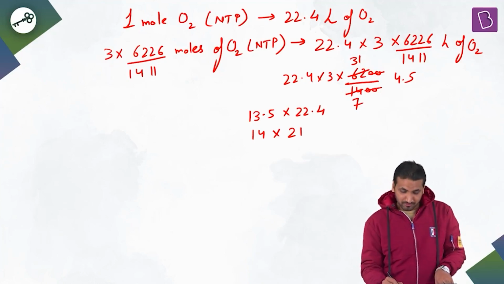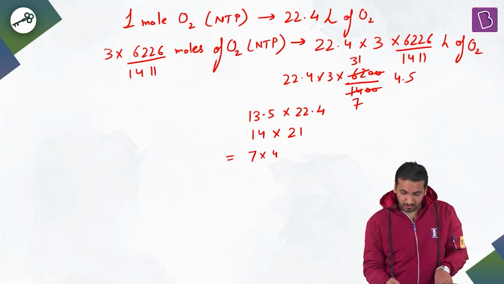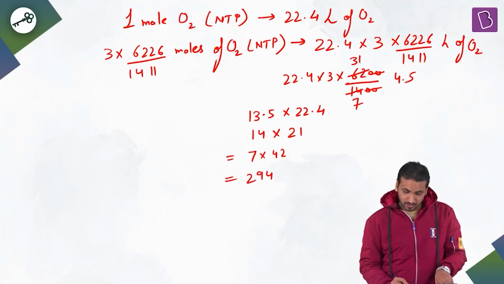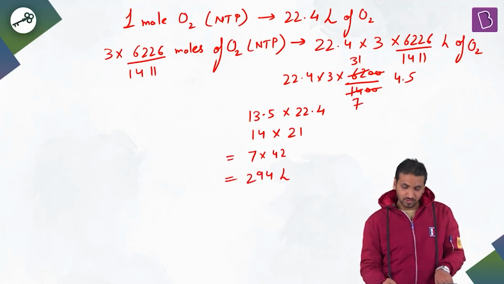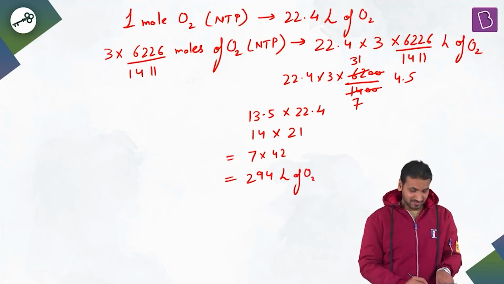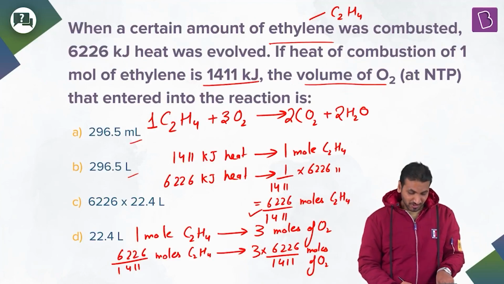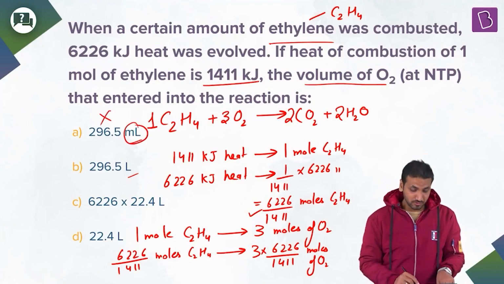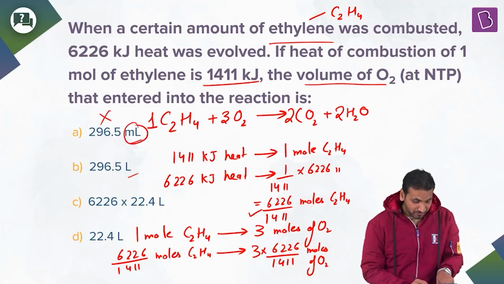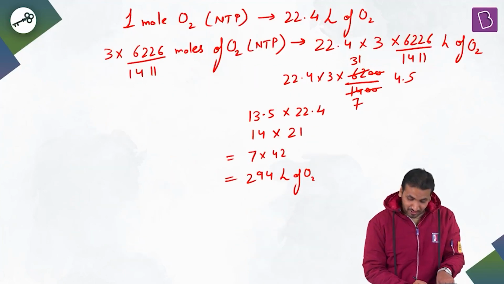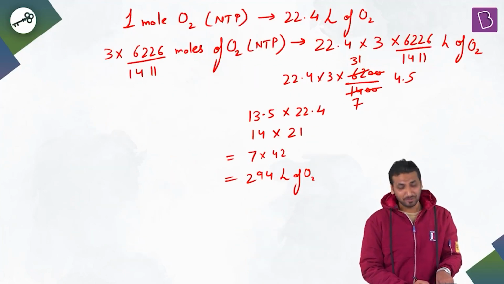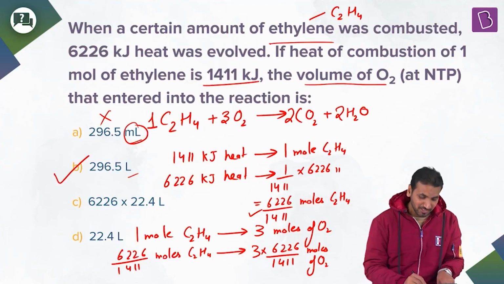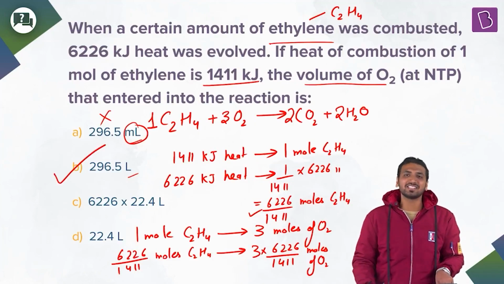So if you multiply 14 into 21, it will be like 7 into 42, 7 to 14, 28, 294. 294 liters of oxygen. Let's see if it matches with some option. 296.5 ml. No, be careful with the unit. 296.5 liter, and what we have is 294. Pretty close. So, of course, option B is going to be the correct answer to this question.